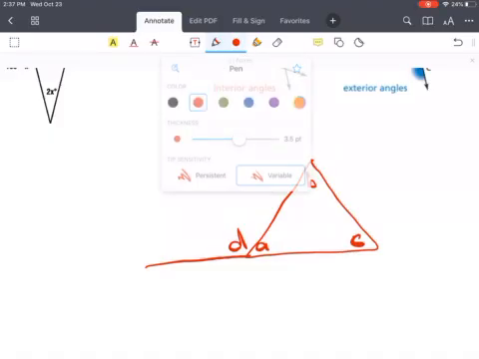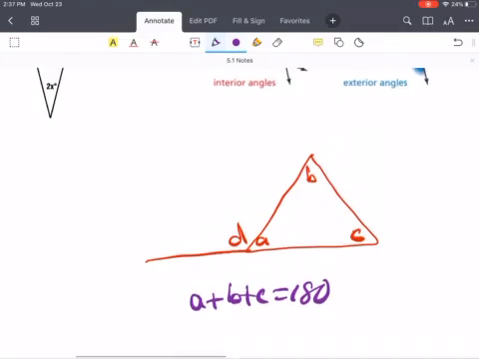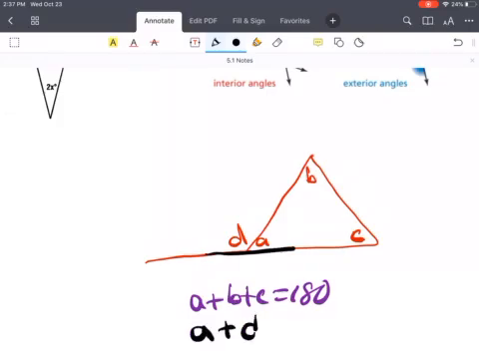So we know that in a triangle all 3 angles inside the triangle add up to 180 degrees. We also separately would know that these 2 angles that form a straight angle would have to add up to 180 degrees.